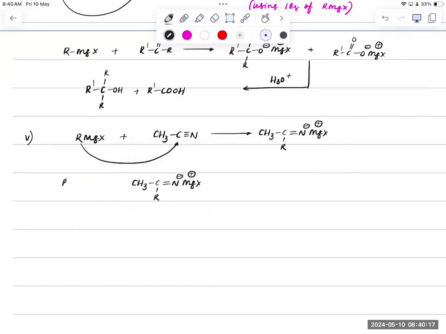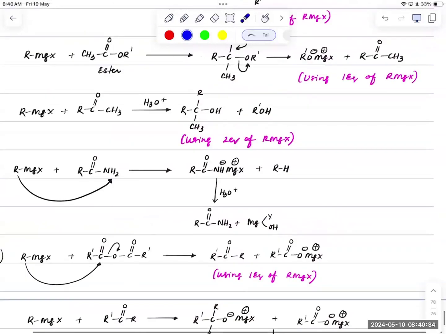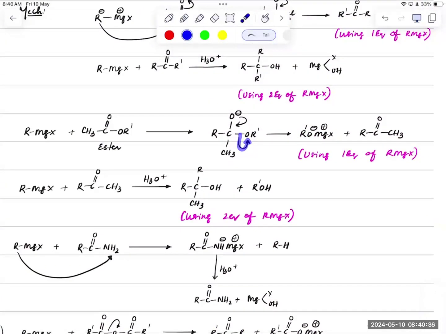Even if you want to do it with a second equivalent of RMgX, the attack is not possible because there is already a negative charge present here. That negative charge will not let anything push here. Earlier, the OR group was a good leaving group; it left and we got ketones.